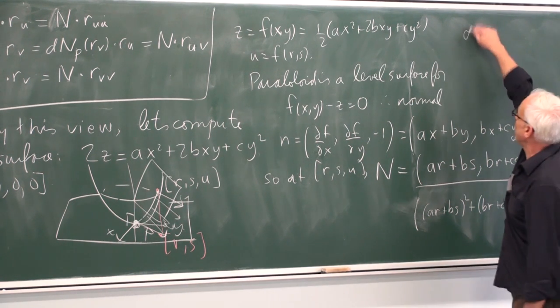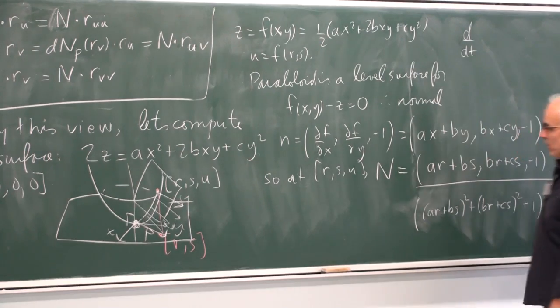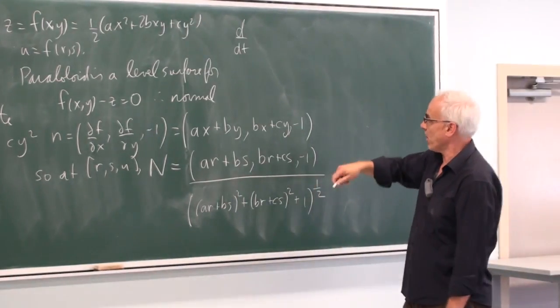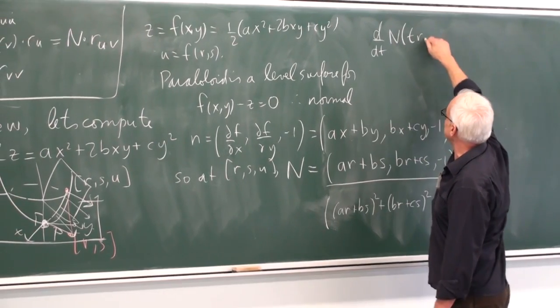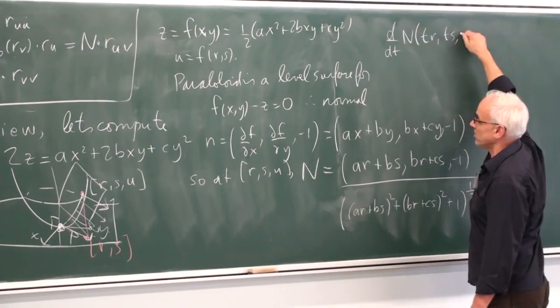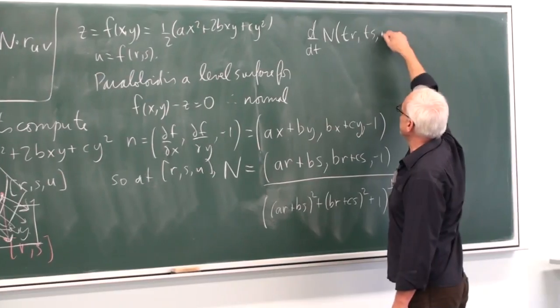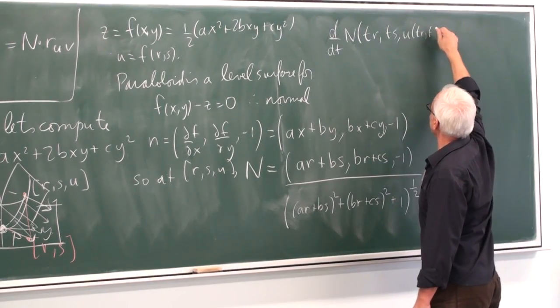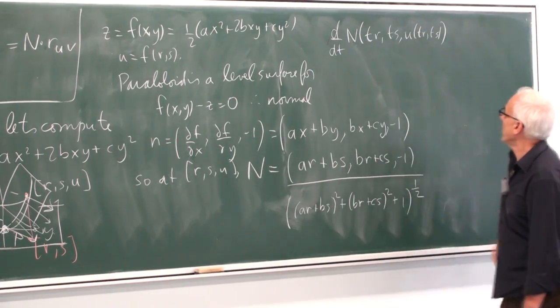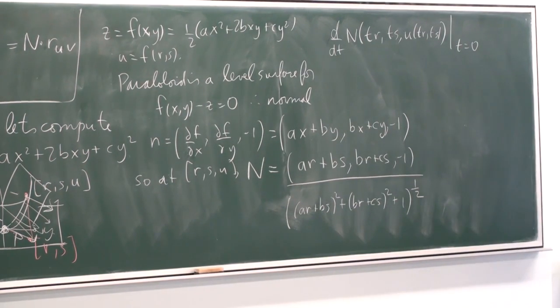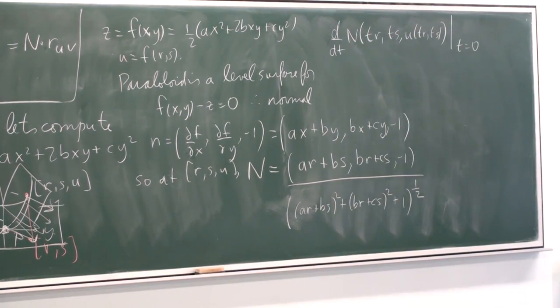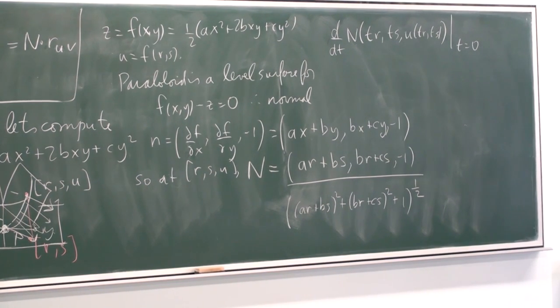So if we take d by dt of the normal at rs, the normal at, say, t times r, t times s, u of t r ts, at t equals 0, that's going to be the derivative of these normals at the point 0.